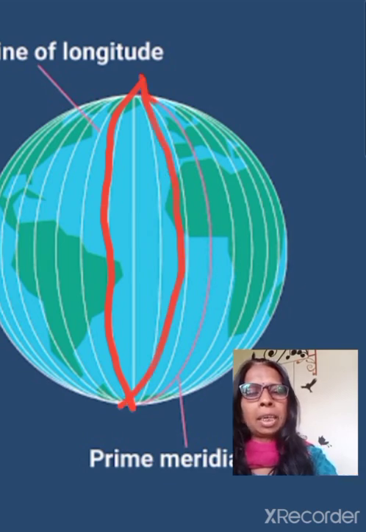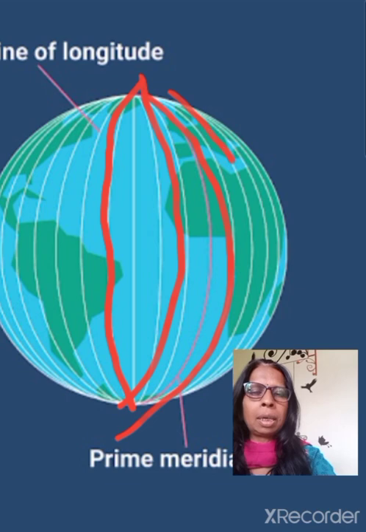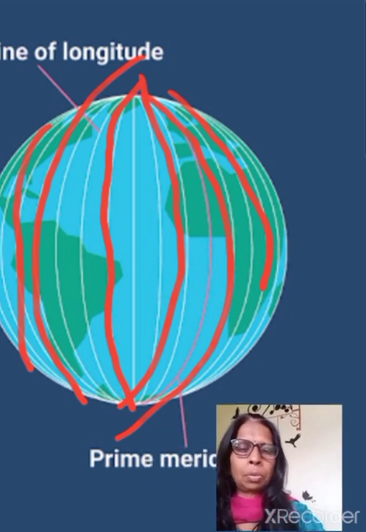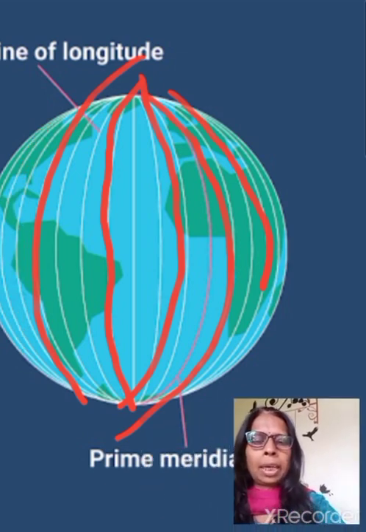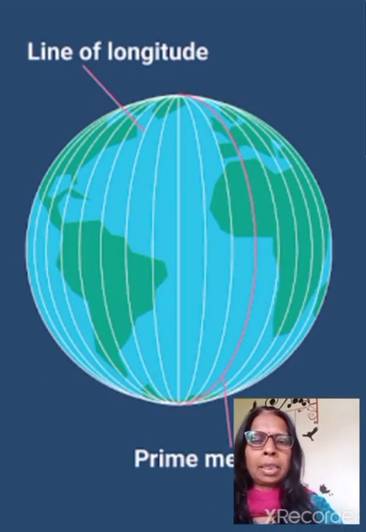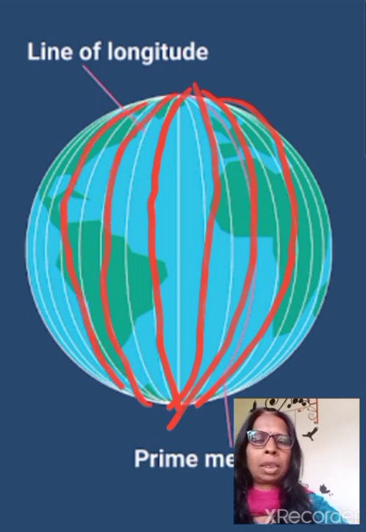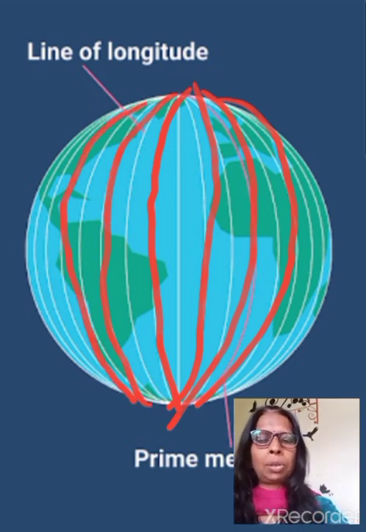So the lines running from north to south in a semicircular direction are called the longitudes. Again I am repeating, the lines running in the north-south direction and in a semicircular direction are called the longitudes.